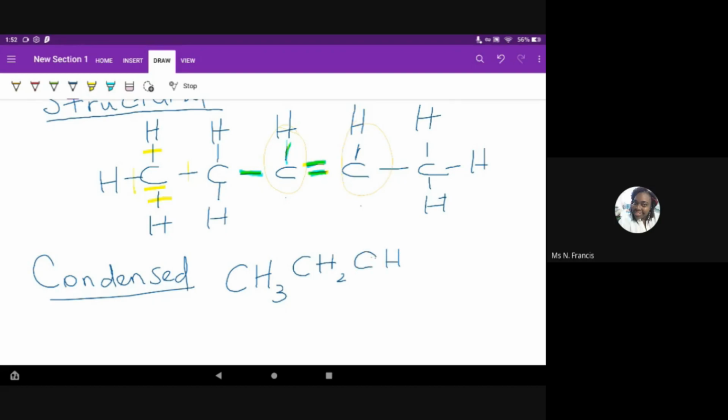Now this is where the difference comes in between the alkanes and the alkenes. Because I have a double bond between carbons 3 and 4, I show it in my condensed formula. I put my double bond in and continue writing. Carbon number 4 is 1, and carbon number 5 is 3. That's what my condensed formula for alkenes will look like.